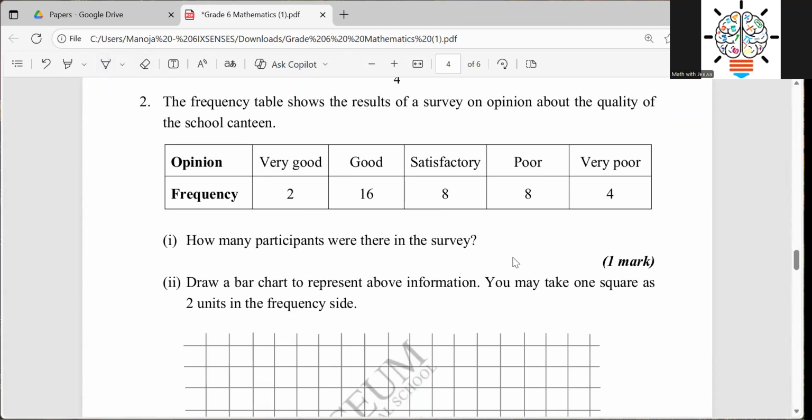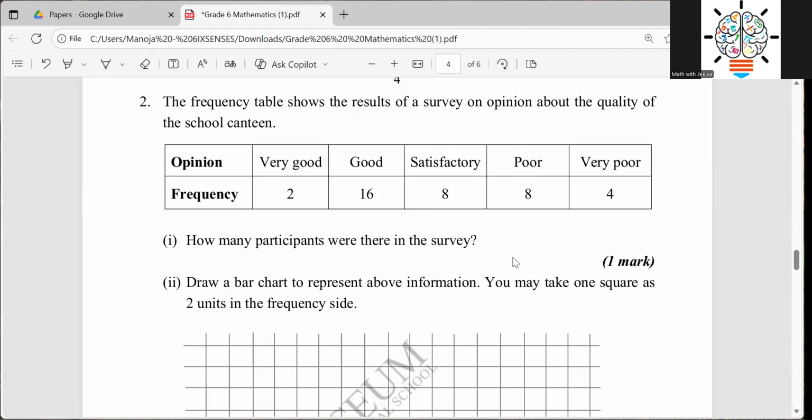The frequency table shows the results of a survey on opinion about the quality of the school canteen. Some students think it is very good, and some say it is good, satisfactory, poor, very poor.